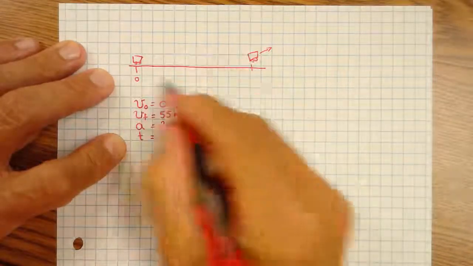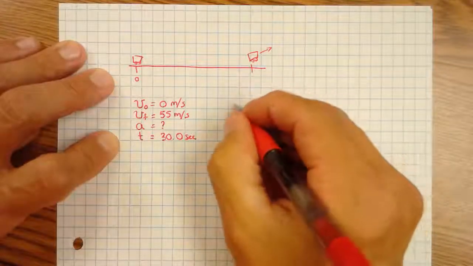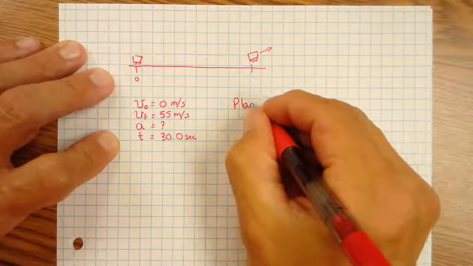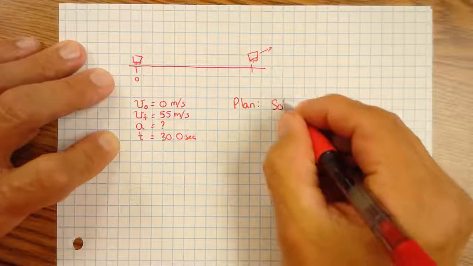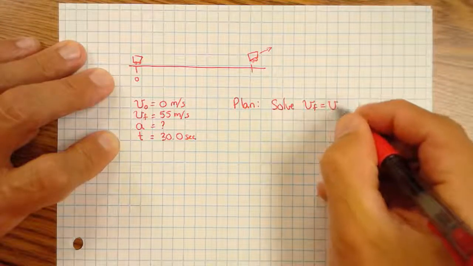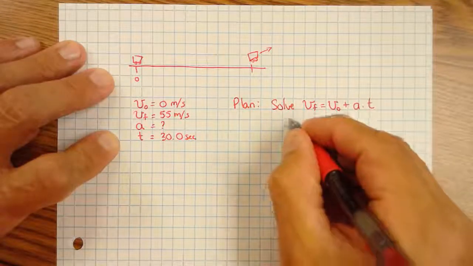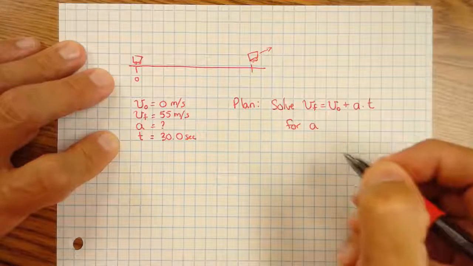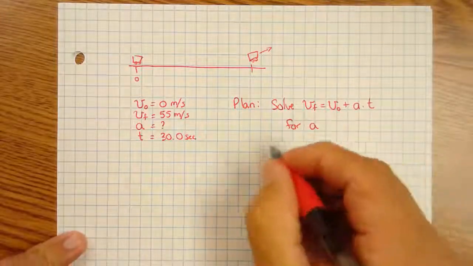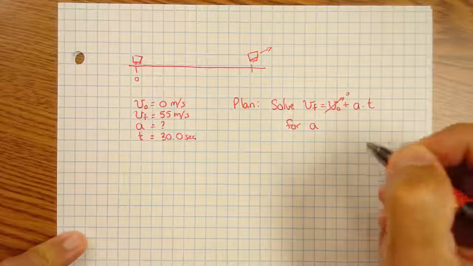So this is what we call a diagram. This is a variable list, and you're going to make all of these. You need a plan. The plan is pretty simple. We're going to solve this equation we just wrote down, v final equals v initial, or v naught, plus a times t. We're going to solve this for the acceleration. So when I solve this, the initial velocity is 0, so I can make that go away.